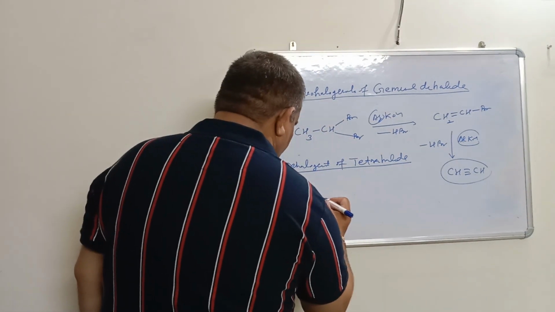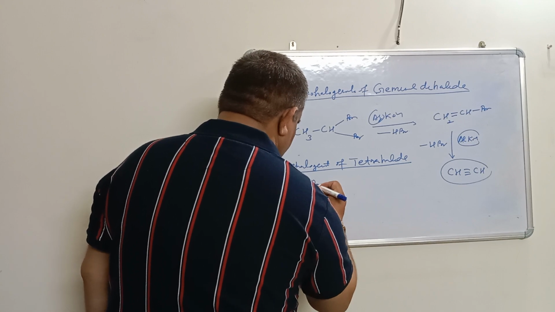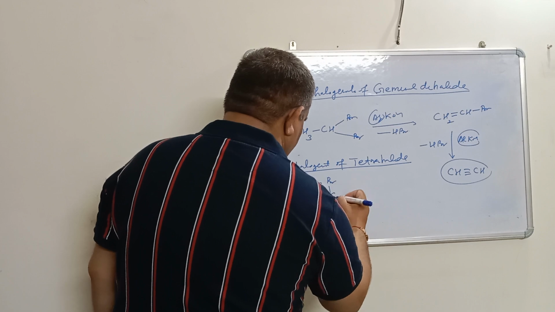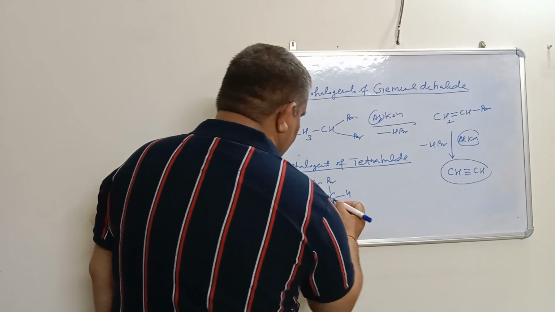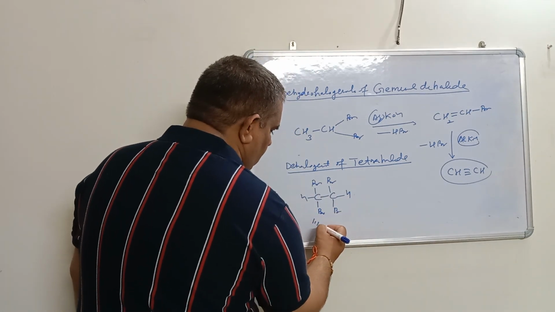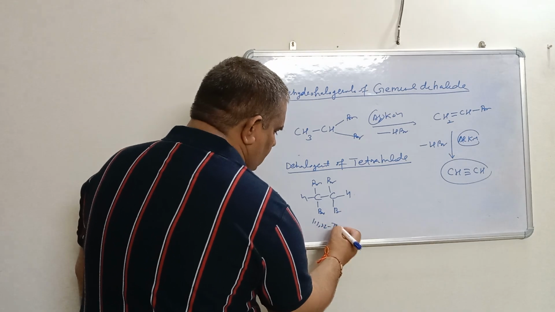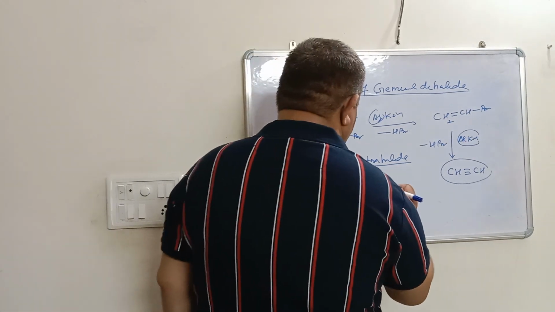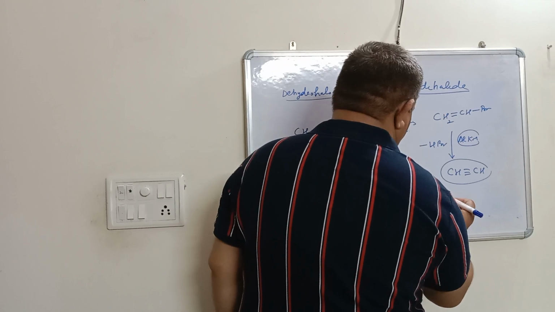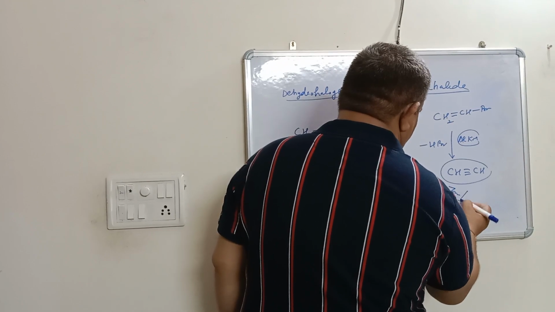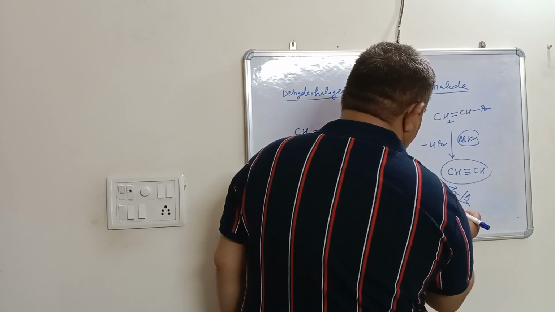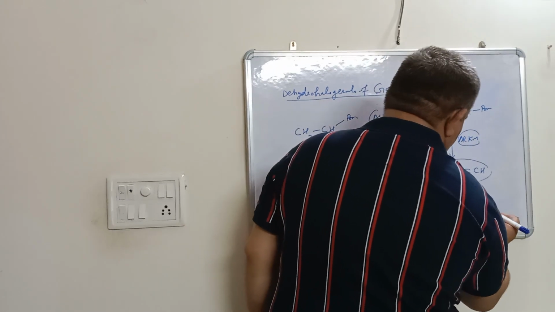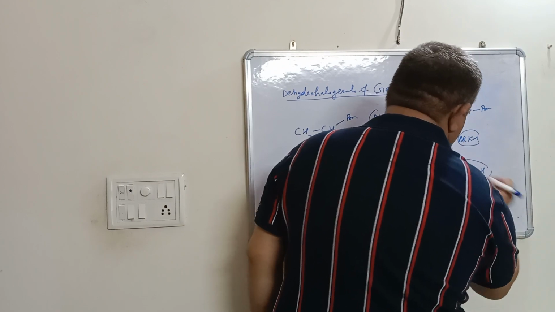This is a tetrahalide, 1,1,2,2-tetrabromoethane. It reacts with zinc, and further reacts with zinc, and on heating releases zinc bromide, and the alkyne is formed.